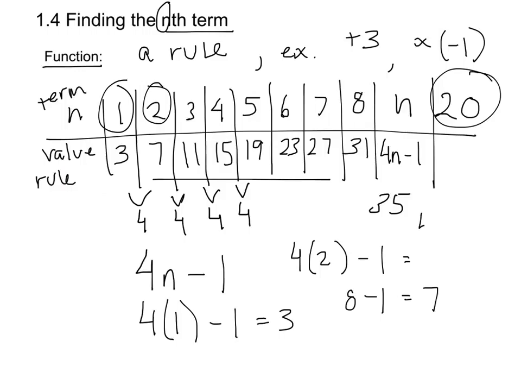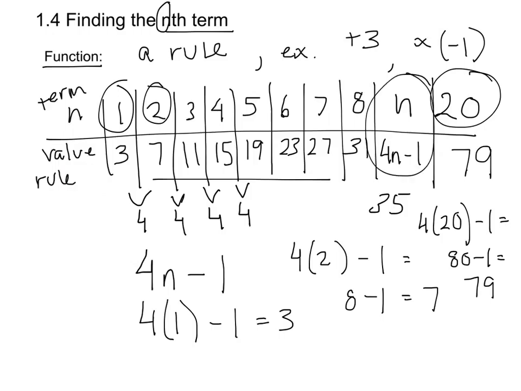So that will be 4 times 20 minus 1, which is 80 minus 1, or 79. So now, without having to do every term until 20, we could just find the nth term and then use that to find any term we would like.